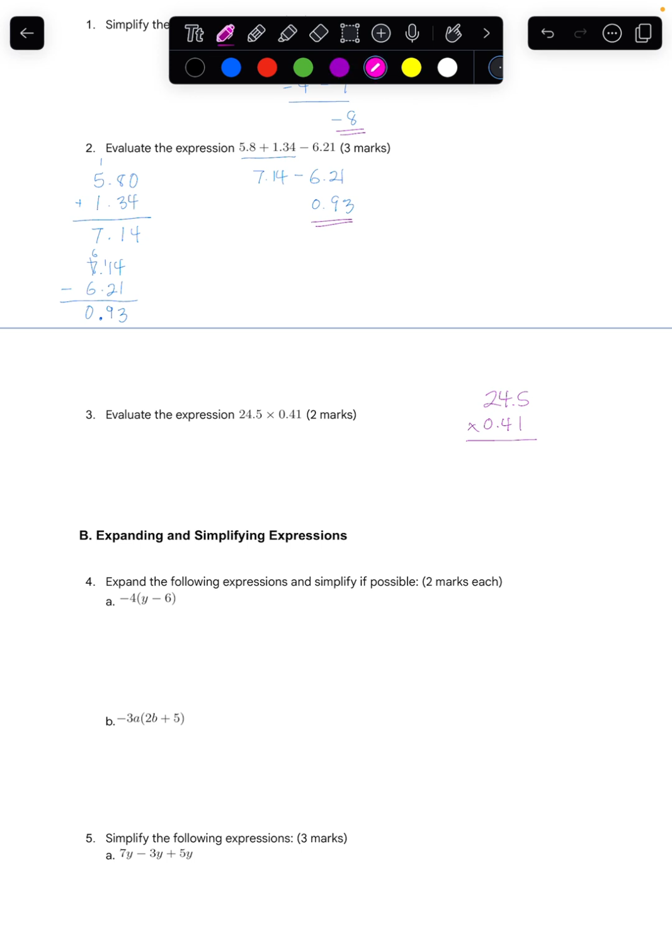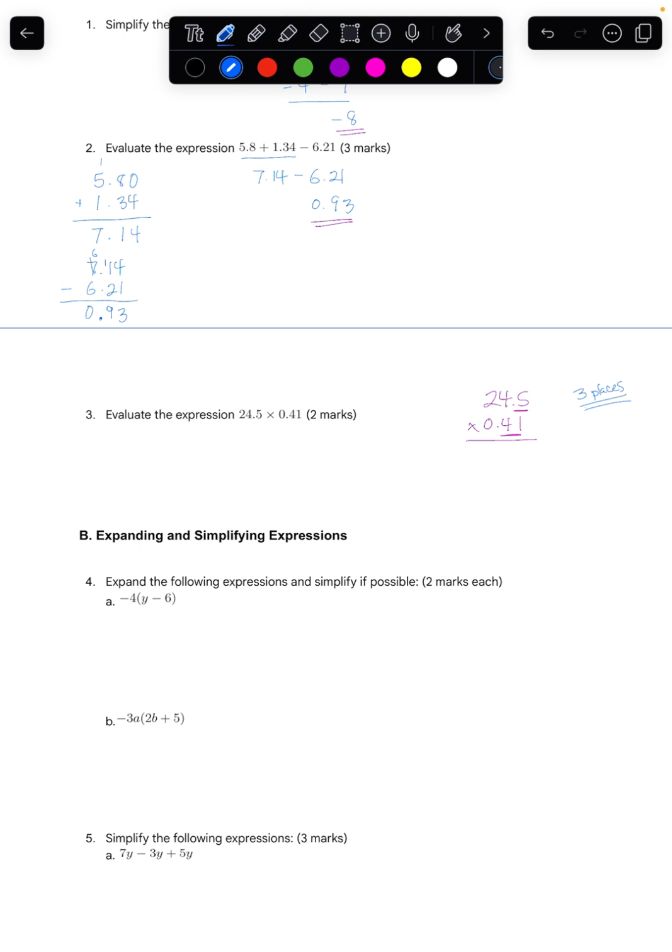So in this case, there's 1 decimal space in the 5 of 24.5, and there are 2 decimal spaces, the 4 and 1 from 0.41. So it's important that we take note of the number of decimal places. There are 3 places. Okay, we're going to use that later.